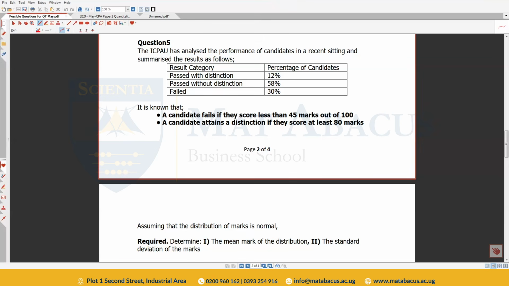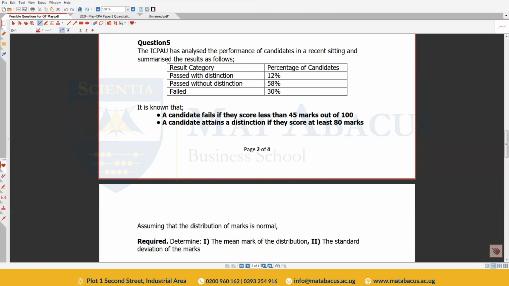So let's understand, how do we tackle such a question in the exam? This one has already been summarized. There is absolutely no need for you to start summarizing the exam question. What is relevant right now is interpreting it. Do you have the capacity to interpret the question? If you don't, then this question might be difficult for you.